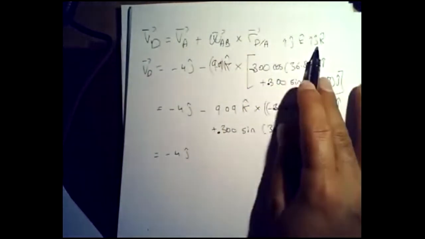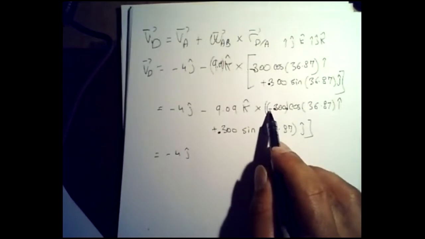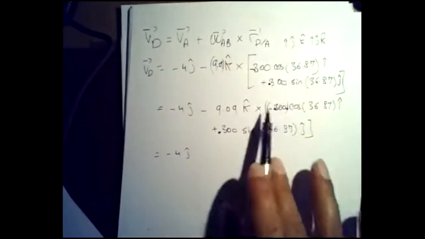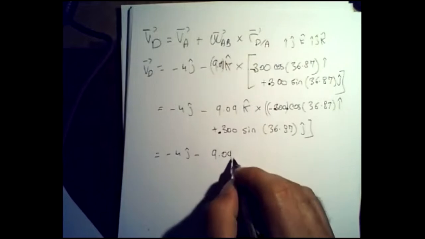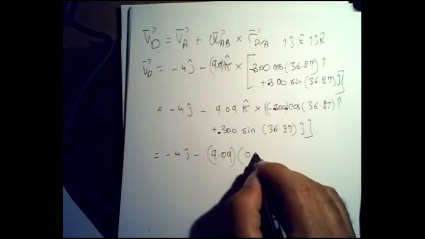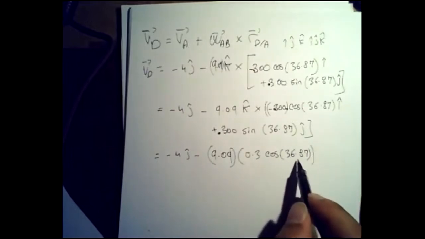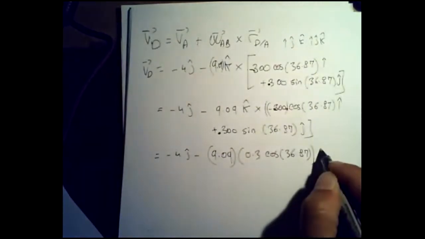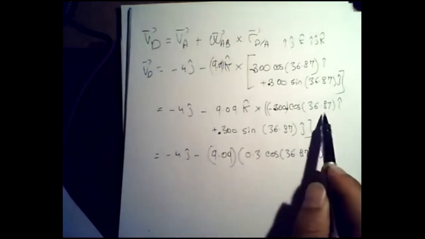So k cross I is going to be j, and k cross j is going to be minus I. So this would be minus 9.09 multiplied by 0.3 cosine 36.87, and k cross I is going to be j.